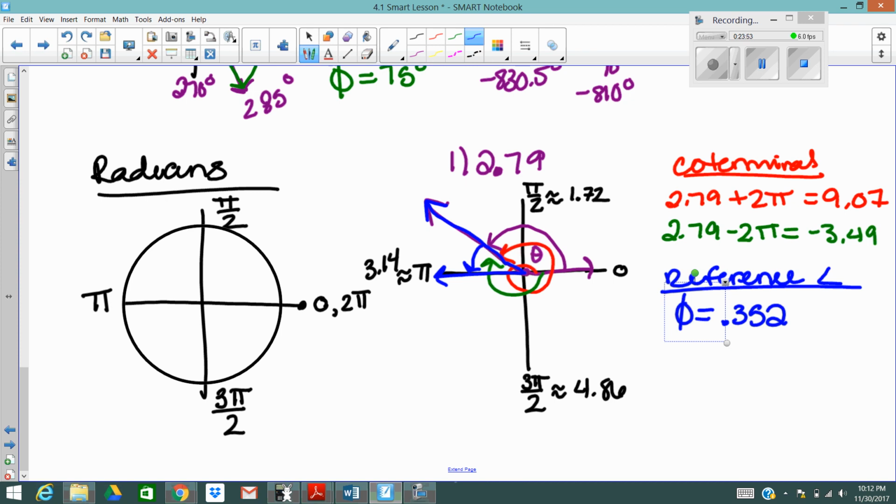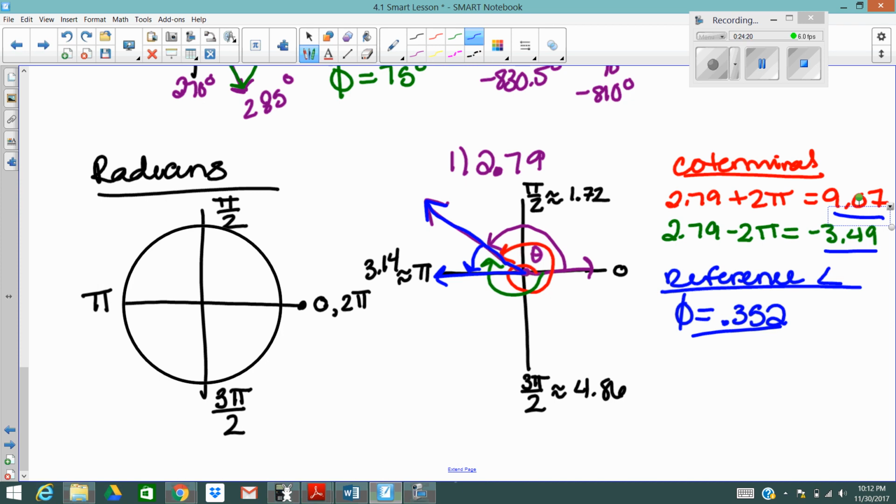Because 2.79 plus 0.352 gets me to about 3.14, so about pi. And typically we do not round these, but since my initial angle was not given in terms of pi, we will not give these in terms of pi. We'll actually multiply pi in.